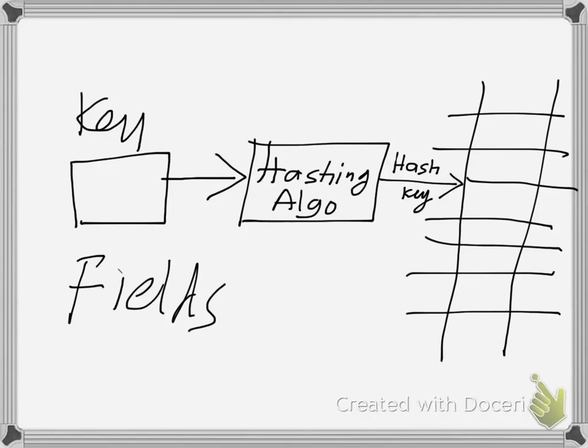What do we call it? Hash table. Now this is with the consideration that all of the records are already loaded in the memory. So hash key is basically the direct address of that record which is required.